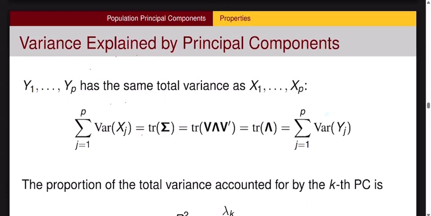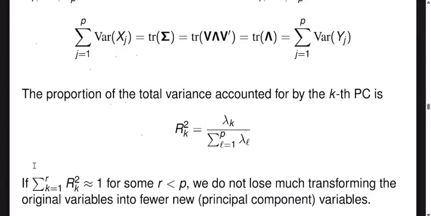Now I'm going to move on. For instance, how do I determine the percentage of variation explained by a particular principal component? Don't forget, lambda k is the variance of a particular principal component, but what you have in the denominator is the total variance of all the principal components.